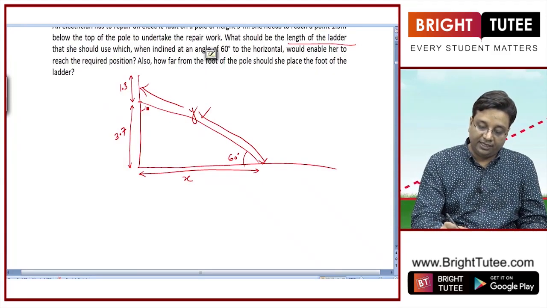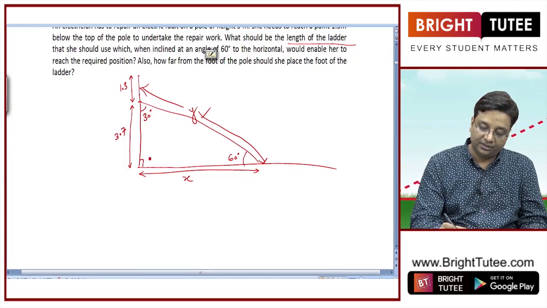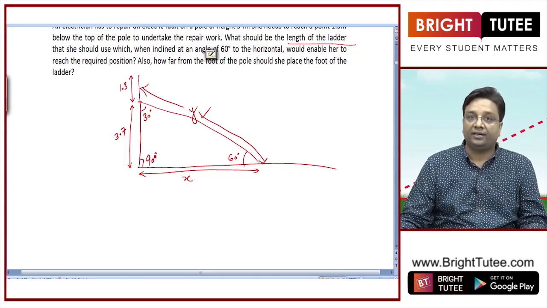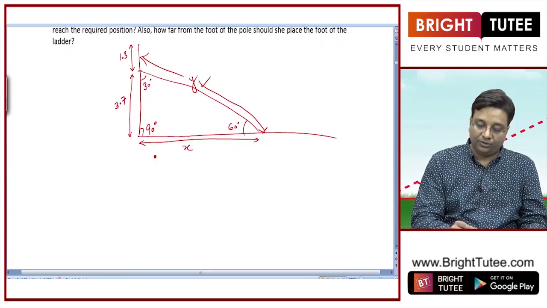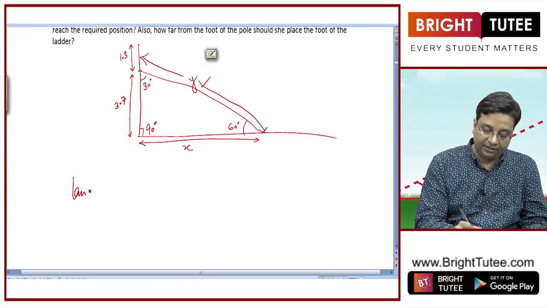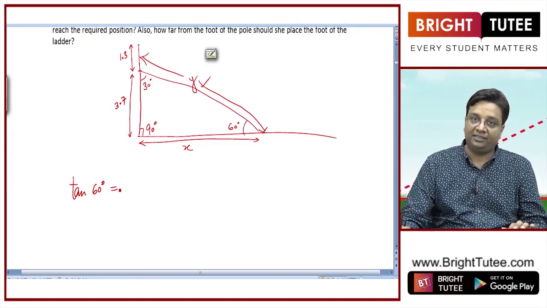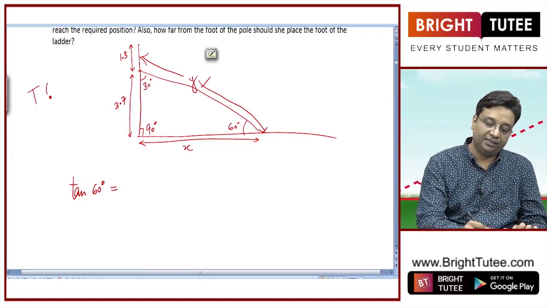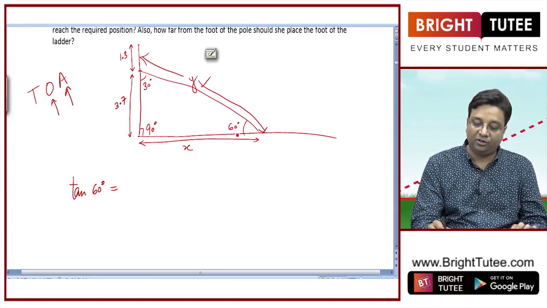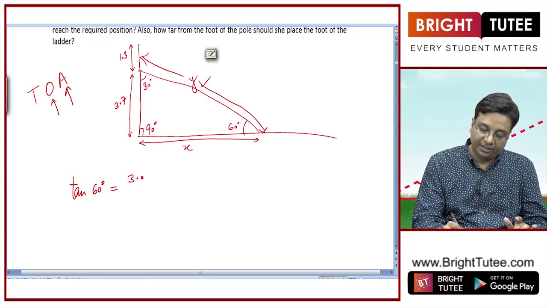So again this angle is 30 degrees, this is 90 degrees. So let us apply tan 60 degrees first. What will be tan 60 degrees? Tan is nothing but opposite by adjacent. So what is the side opposite to 60 degrees? 3.7.